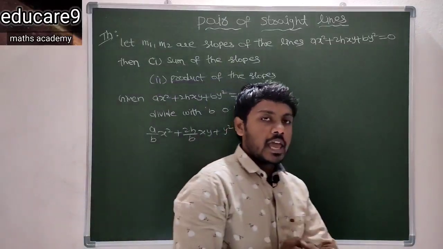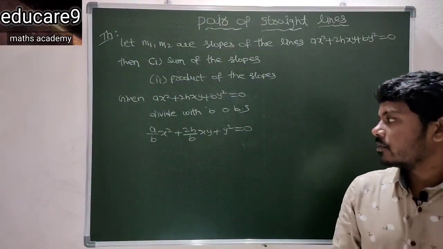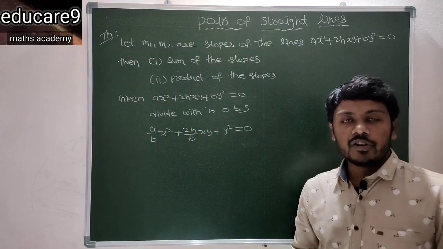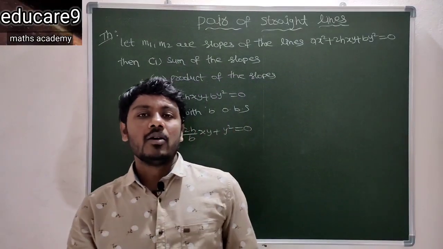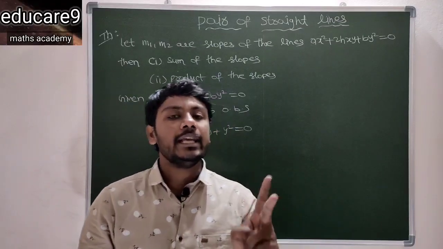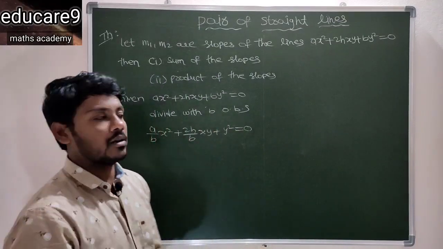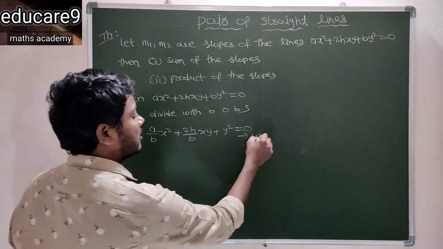So clearly this is a homogeneous equation of degree 2. You know that every second degree homogeneous equation represents a product of two linear homogeneous equations. Suppose this is equation 1.